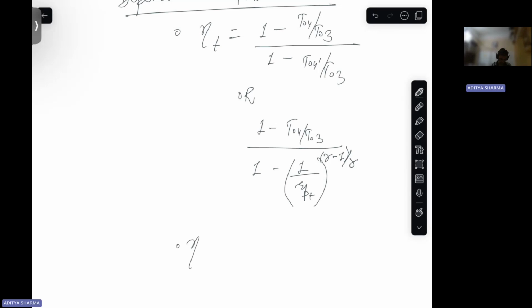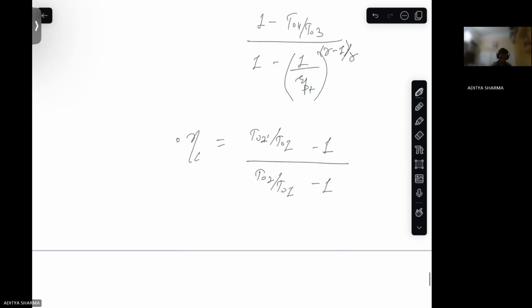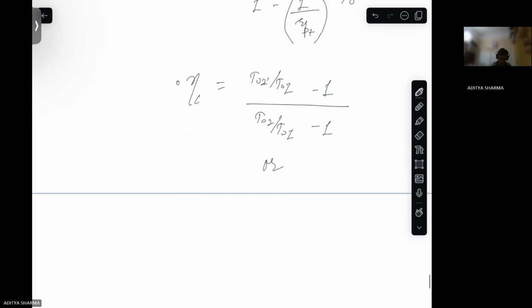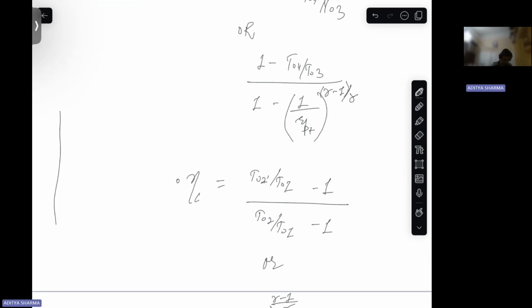Then for your compressor, this is there. Or (rp to the power (gamma minus 1) by gamma minus 1) divided by (T2 dash by T1 minus 1). So this is this.